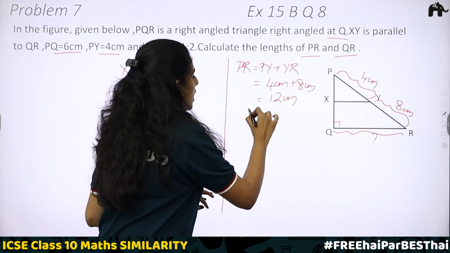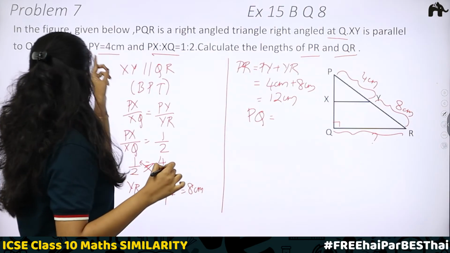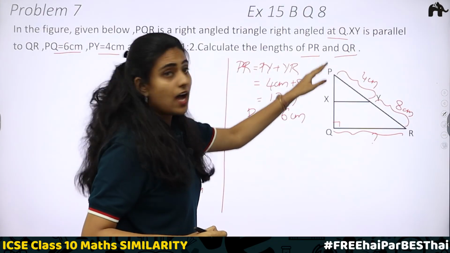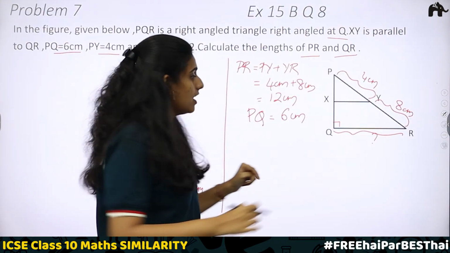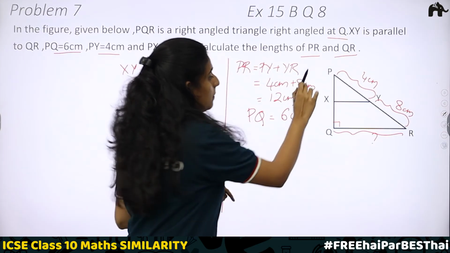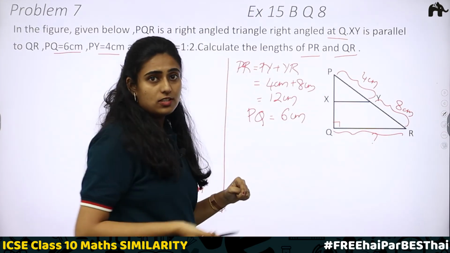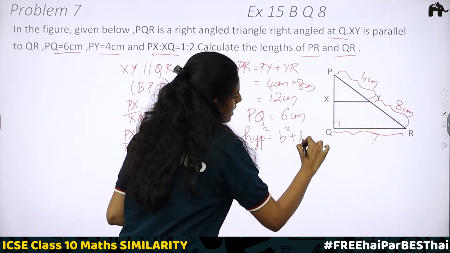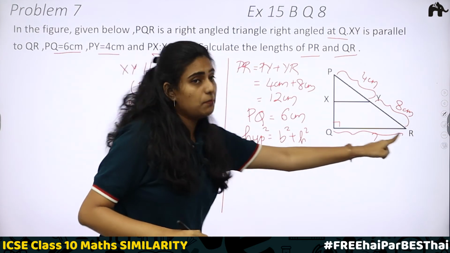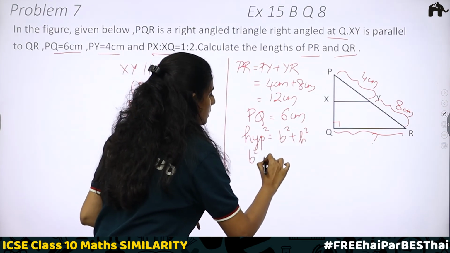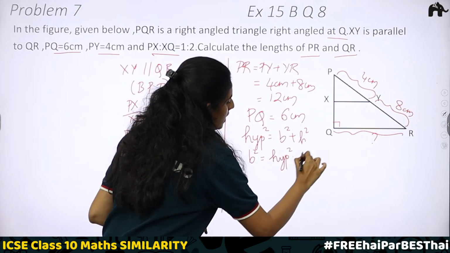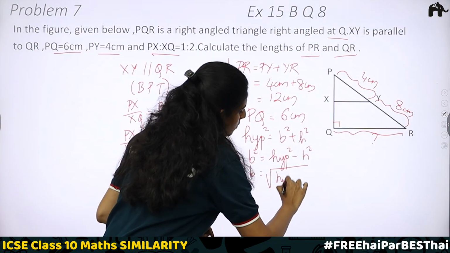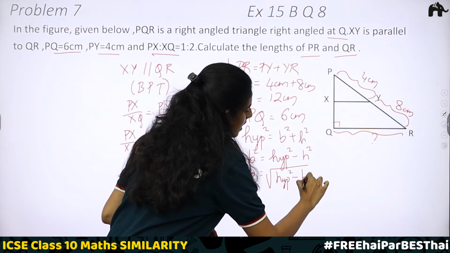It is given that the length PQ is equal to 6 centimeter. PQ is the height or altitude of the right triangle and QR is the base. PR is the hypotenuse. According to Pythagoras theorem, hypotenuse square is equal to base square plus height square. We need to find the base. Then base square will be equal to hypotenuse square minus height square, or base is equal to root of hypotenuse square minus height square.